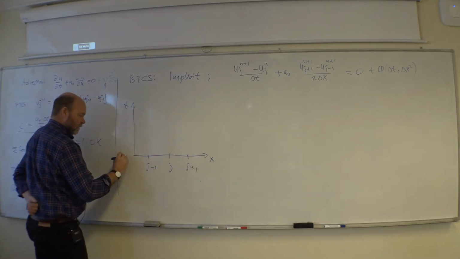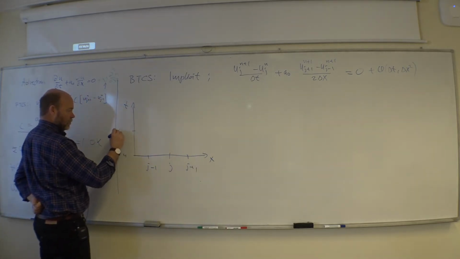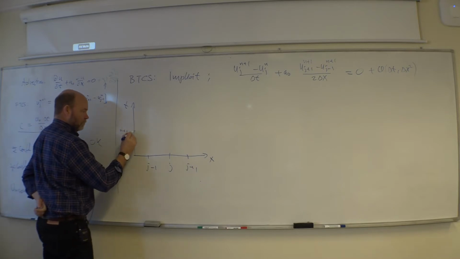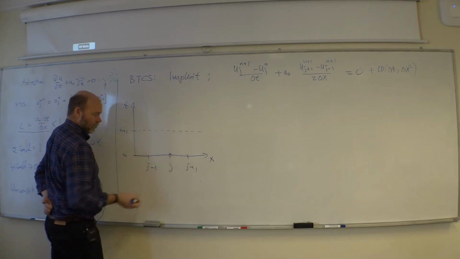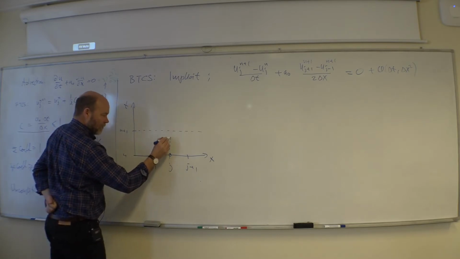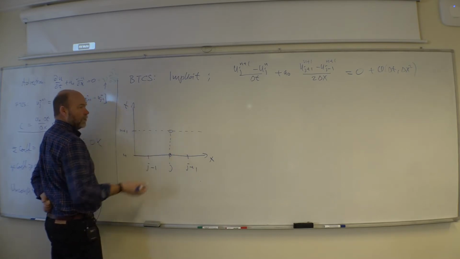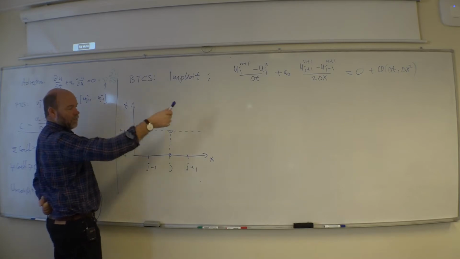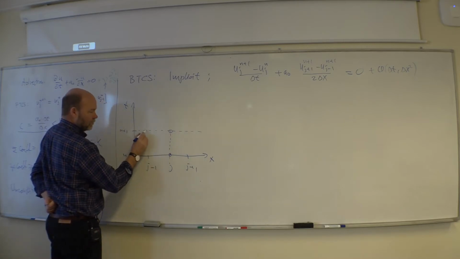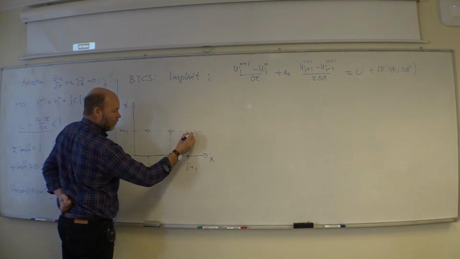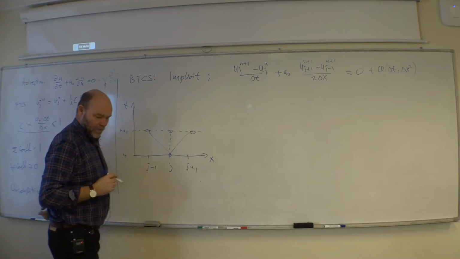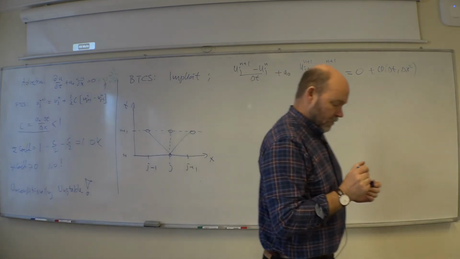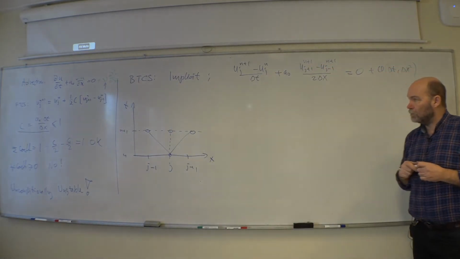Time level n, and up here, n plus 1. So we use this point to find the new one up here. But you see I have 3 unknowns up here. So actually my discretization star is sort of turned upside down. This will be the fully implicit scheme.